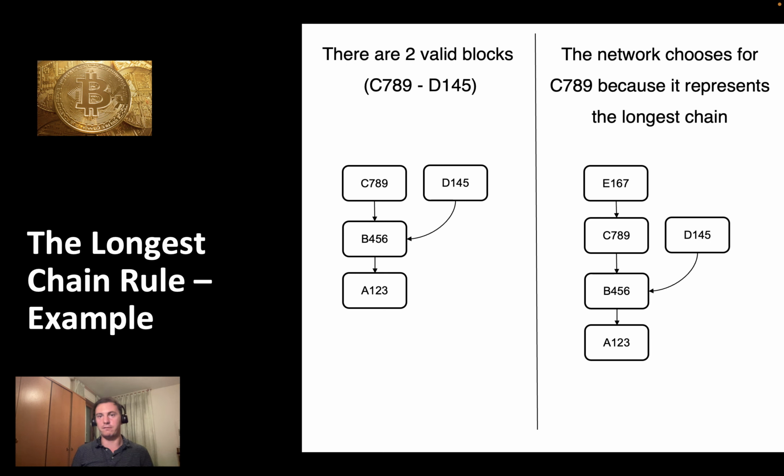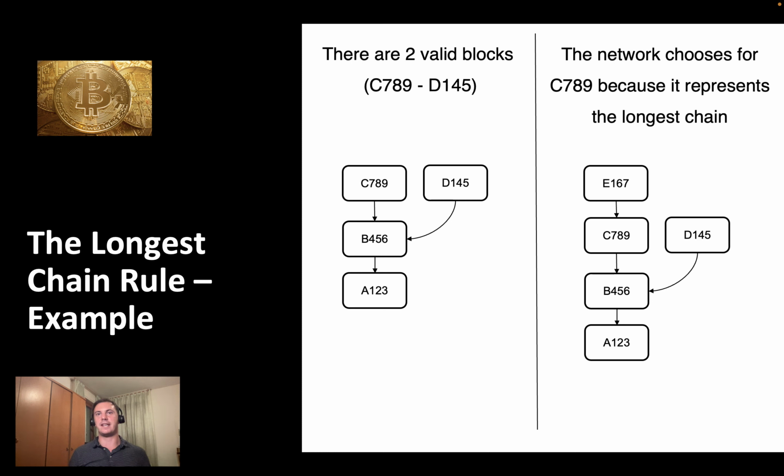We have to wait a few minutes, because after new blocks are created and E167 is attached to C789, the network will choose C789 as valid and will disregard D145 as an orphan, because the blockchain that contains C789 is longer than the one that contains D145.